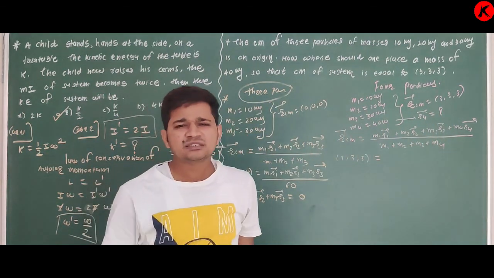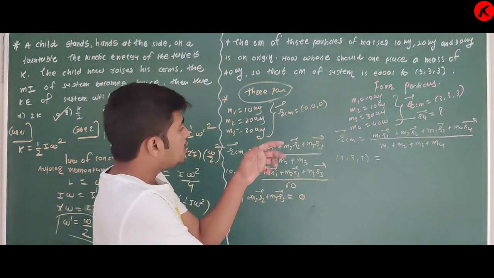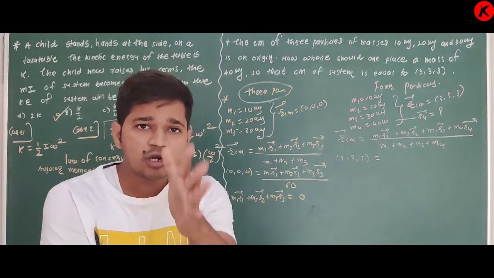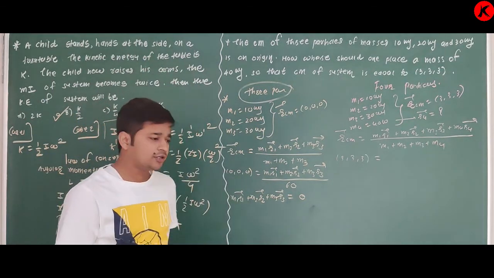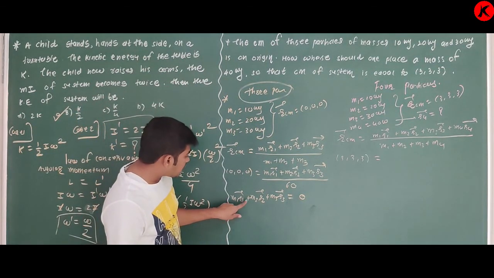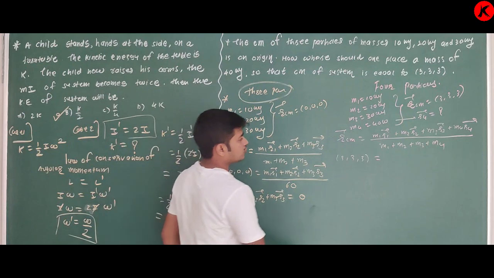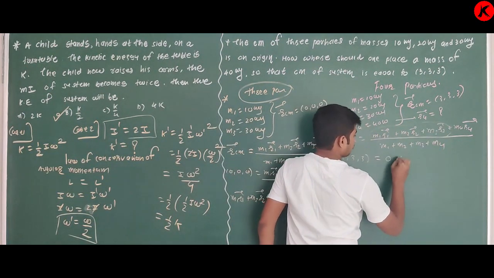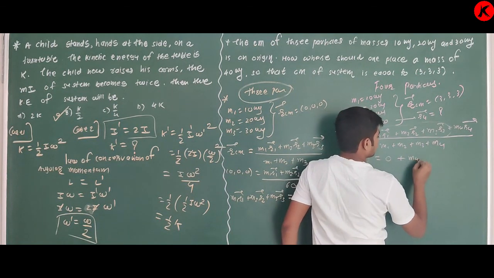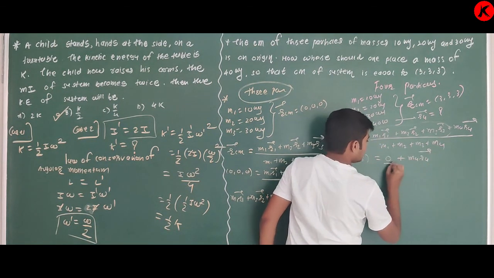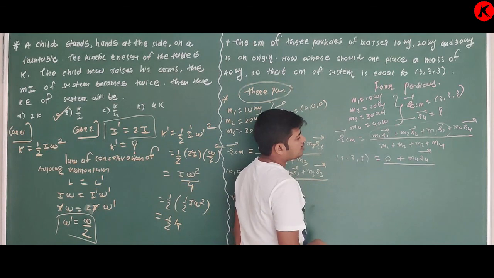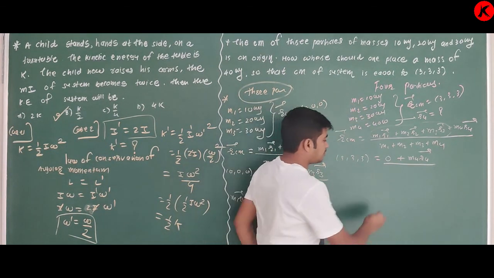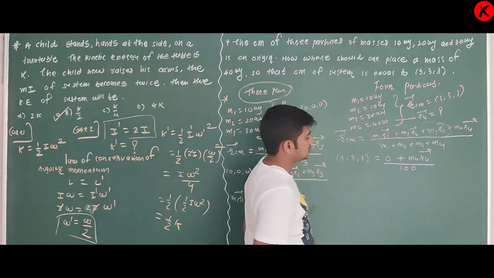Now yes, you may ask me one question: sir, you have to find R4, but you are not given R1, R2 and R3, so how to find it? Yes, you are not given R1, R2 and R3, but you know this relation: M1 R1 plus M2 R2 plus M3 R3 is equal to 0. So I can replace this by 0 and only write M4 R4 divided by M1 plus M2 plus M3 plus M4. 10 plus 20 is 30, 30 plus 30 is 60, 60 plus 40 is 100.